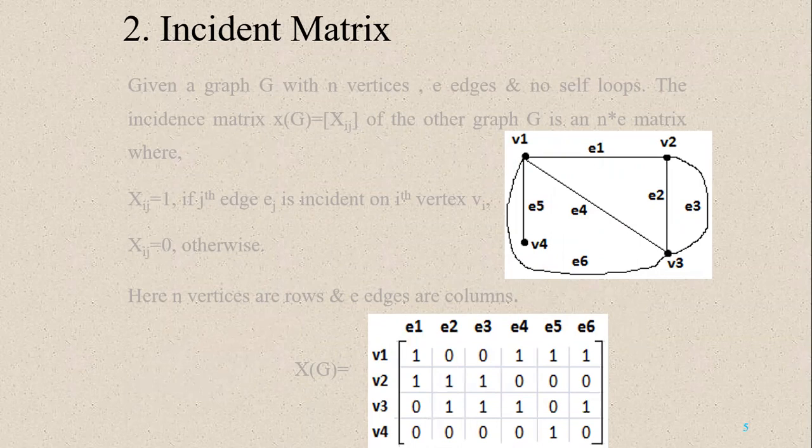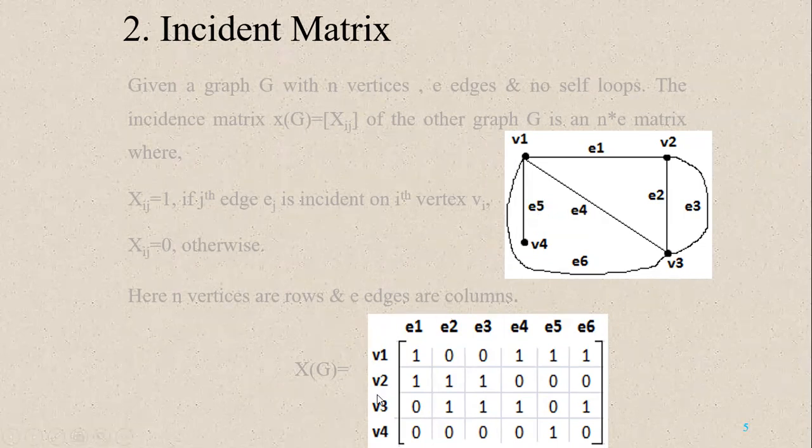The given graph G has n vertices and E edges. In the adjacency matrix, we consider only the vertices for the order. But in the incidence matrix, with n vertices and E edges, the order is based on both the vertices and the edges. Here the number of vertices is n and the number of edges is E.